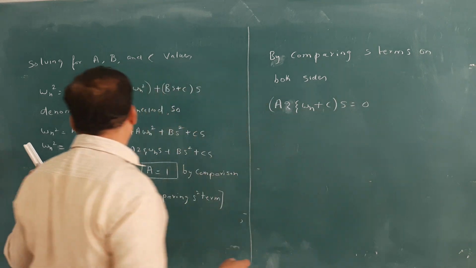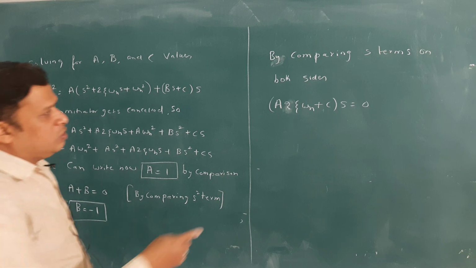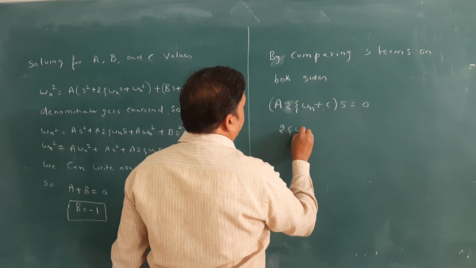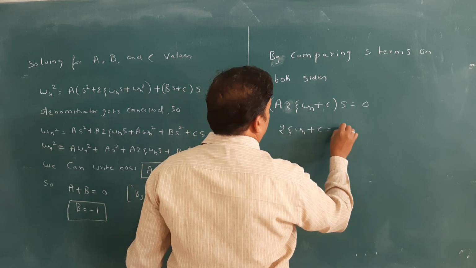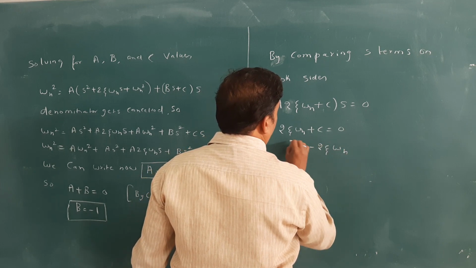Omega n square doesn't have any s term, so it is equal to 0. A value is 1, so 2 zeta omega n plus c is equal to 0. C is equal to minus 2 zeta omega n.